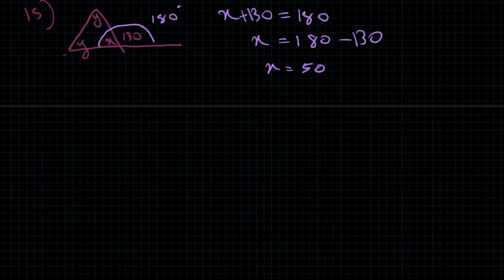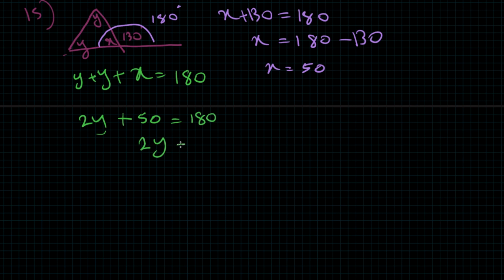Okay. The second part is the summation of internal angles of a triangle. You should know that the summation is 180. So we can write y plus y plus x equals 180. Now y plus y is 2y, plus we already know x's value is 50, equals 180.